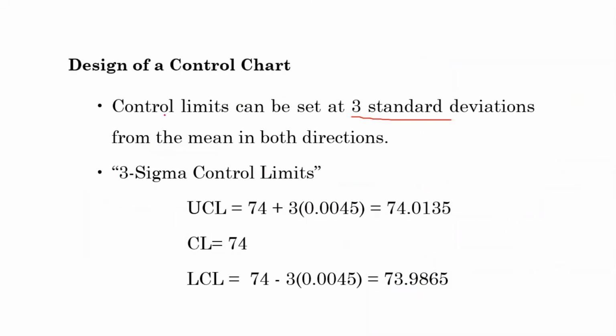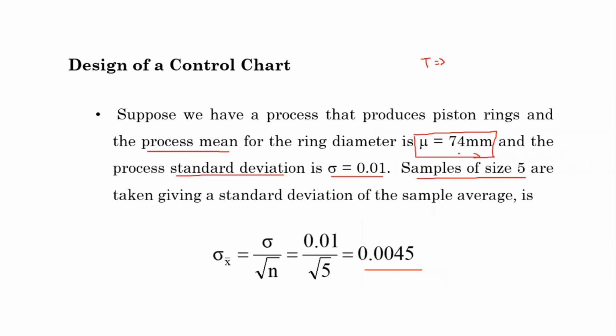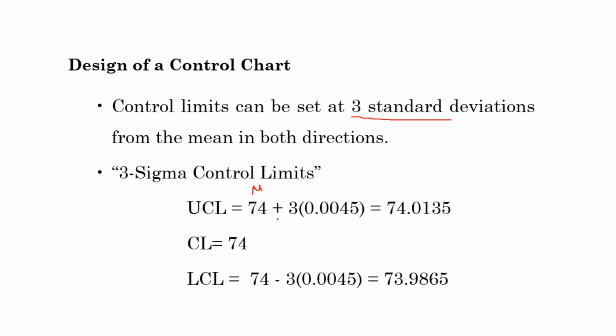Control limits should usually, not always but in most cases, be set at 3 standard deviations from the mean in both directions, that means plus or minus. So the 6 sigma control limit would be computed as the process mean, or mu, that we have seen previously, 74 millimeters, plus or minus 3 times the sigma for the process average that we indicated previously.